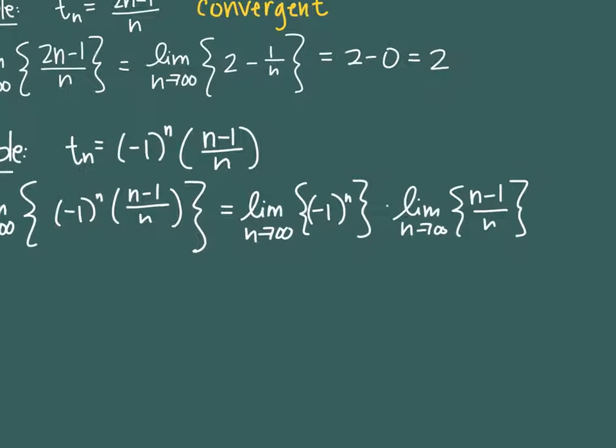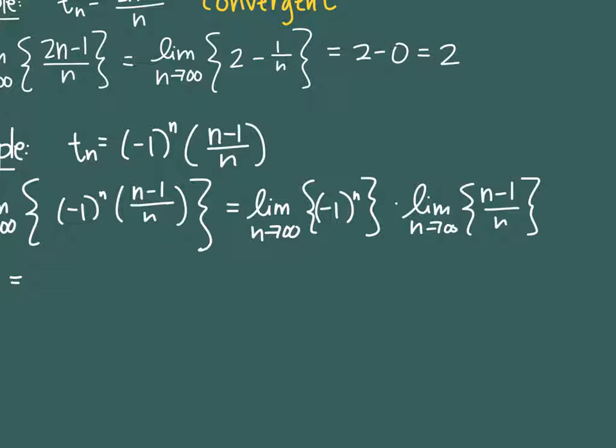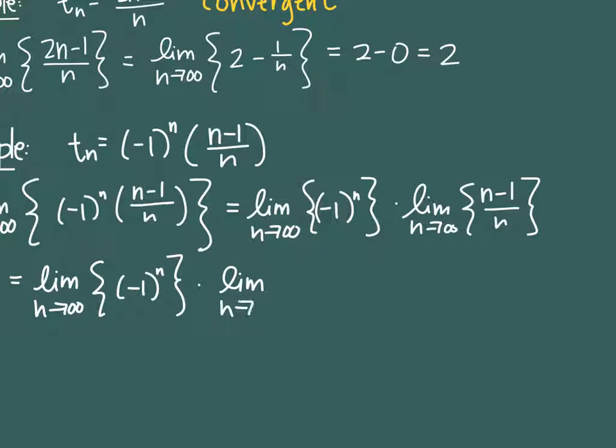Right, we can simplify using algebra again, using reducing. So the limit as n approaches infinity of the oscillating part times the limit as n approaches infinity, and if we reduce it, we get 1 minus 1 over n.